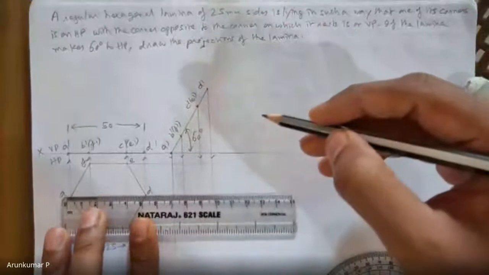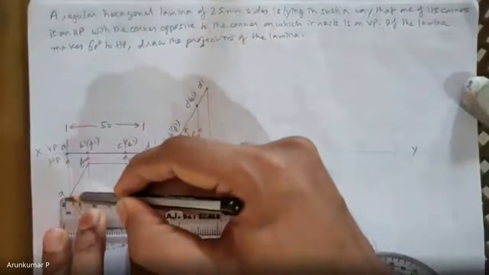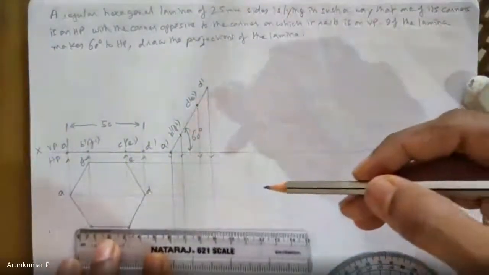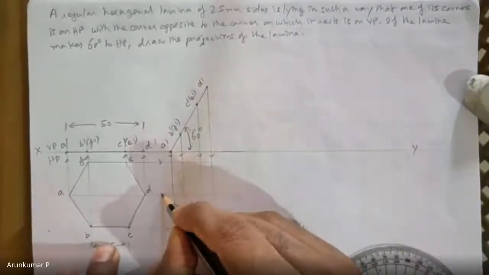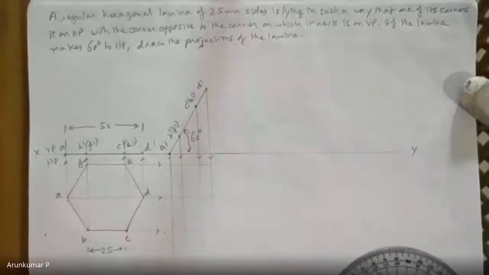One, two, three. They will intersect and give you the second step top view.